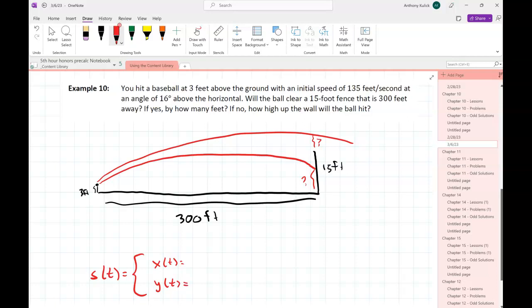So the x of t is that initial velocity times cosine of 16 degrees times t. The y is negative 16t squared plus that initial velocity times sine of our angle times t plus the initial height, which is 3.